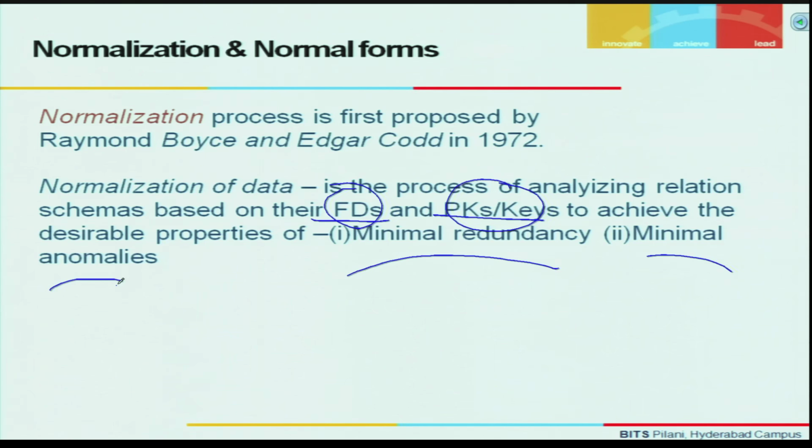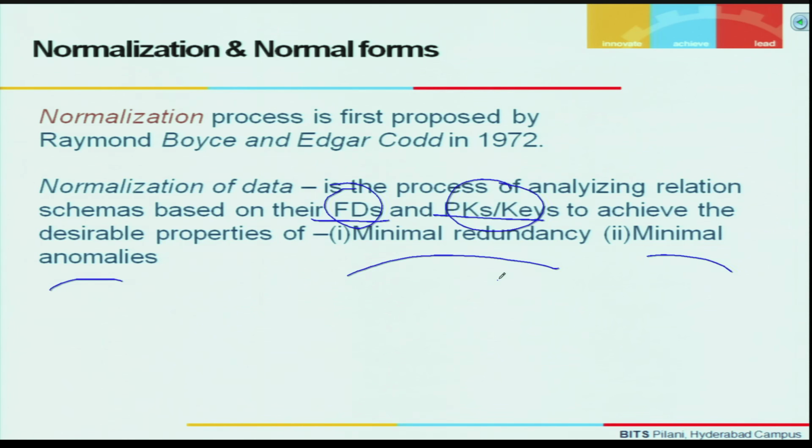To achieve this, we analyze the relation schemas based on FDs and keys and perform some action to make those relation schemas more and more perfect, so that there is no redundancy and the anomalies are eliminated from the schemas.